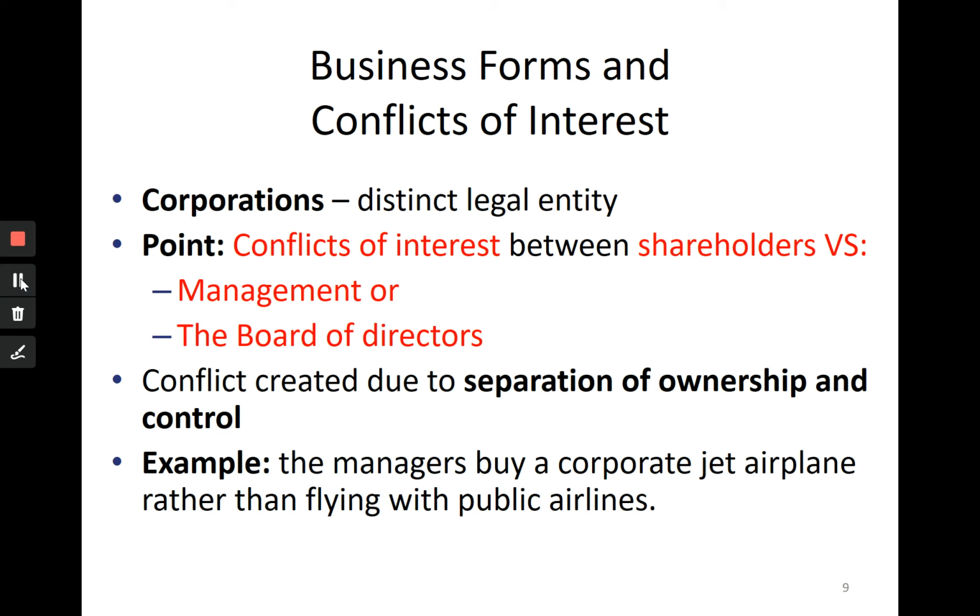The chief executive officer doesn't pay for it from one's pocket. And of course, if this was a sole proprietorship, purchasing this jet airplane may not be to the best advantage of the owners and may not maximize the wealth of the owners.